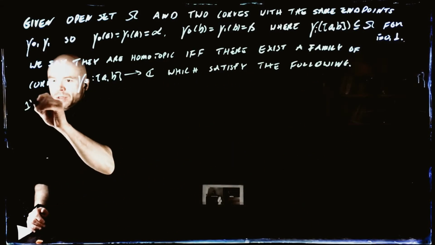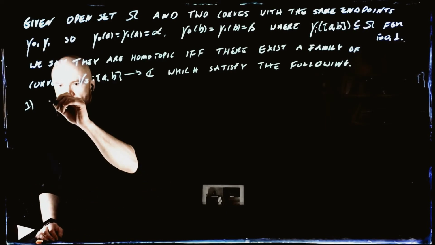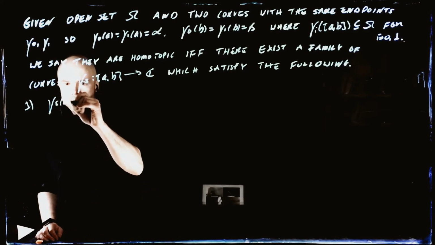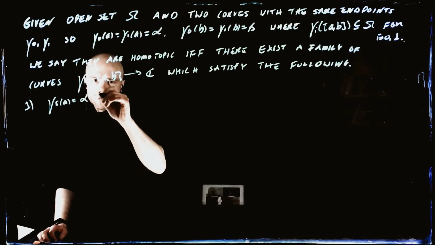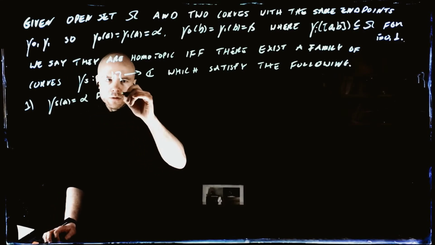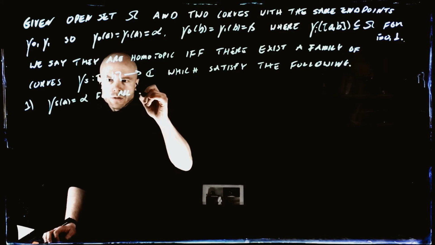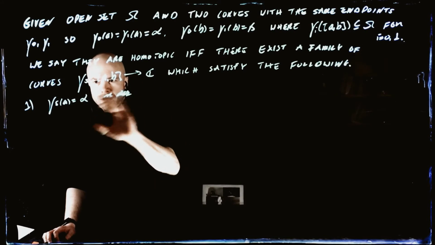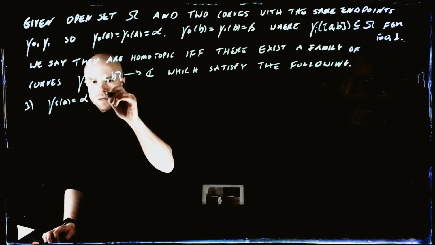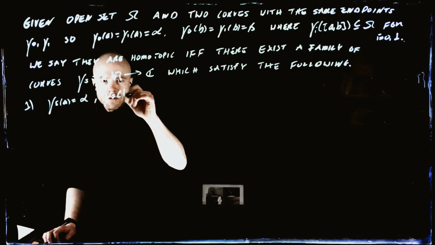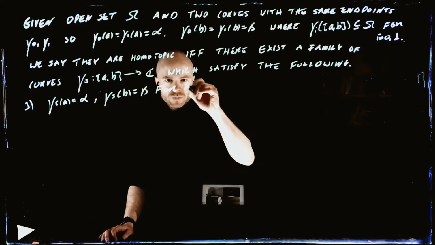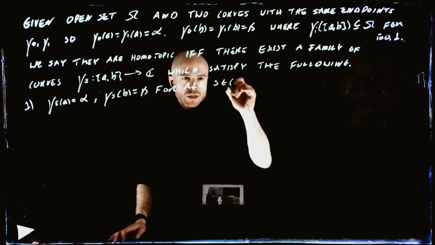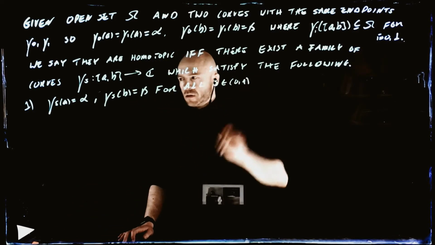Okay, first property. They all share the same endpoints. So gamma s of A is equal to alpha, let me do both at the same time, gamma s of A equals alpha and gamma s of B is equal to beta for all s between 0 and 1.